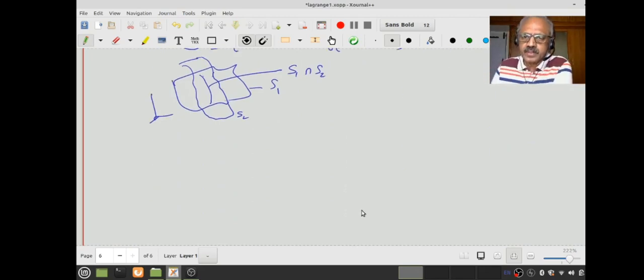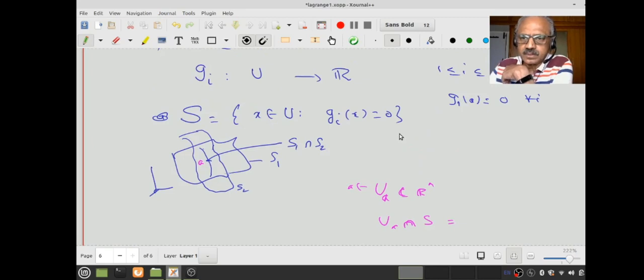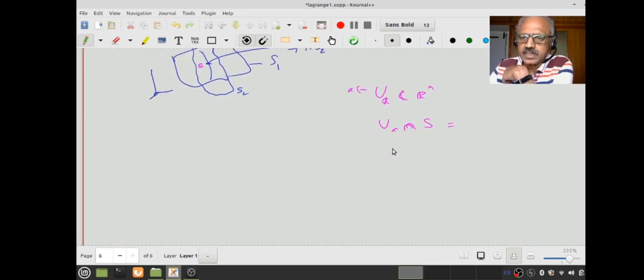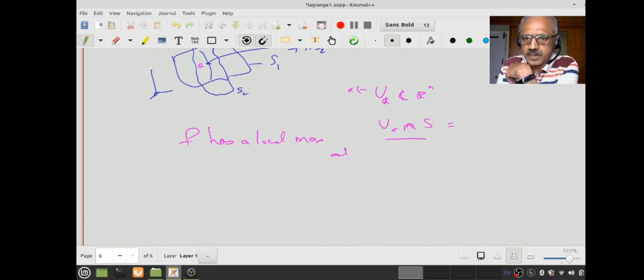Again you can ask: suppose the point a is here, and there is an open set U containing a in R^n, and on U intersection the combined set, the intersection of all level sets, f has a local maximum at a. Then what can I say about the gradient of f at a?